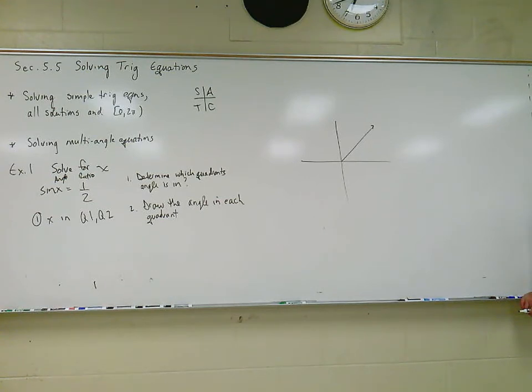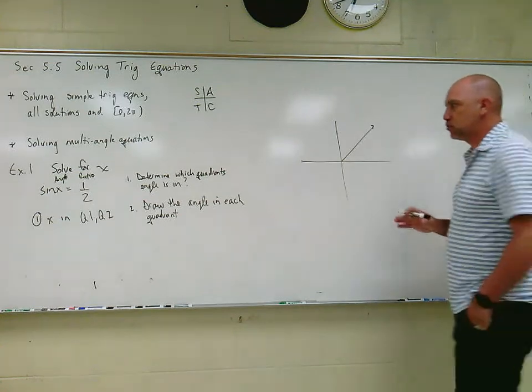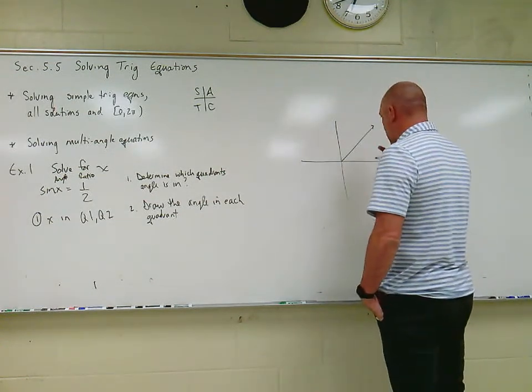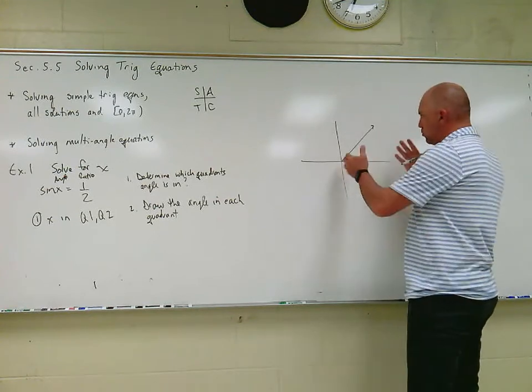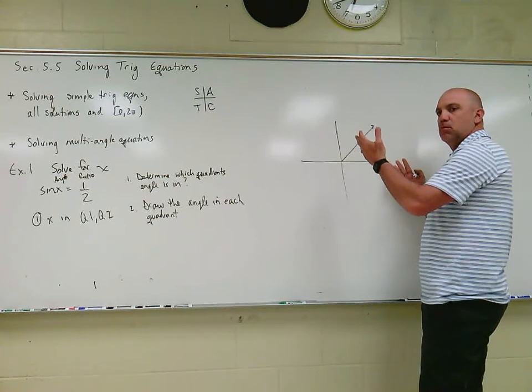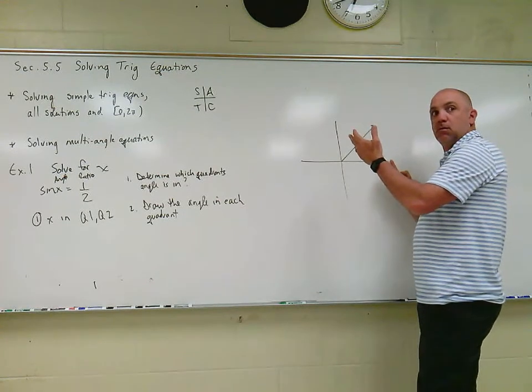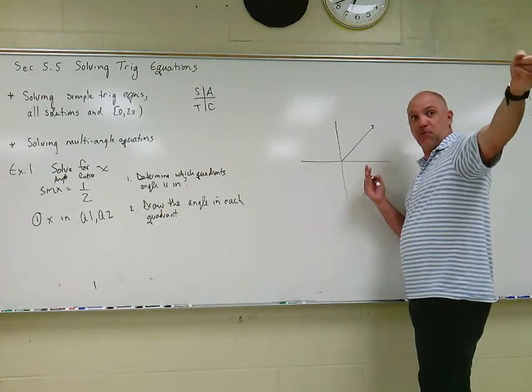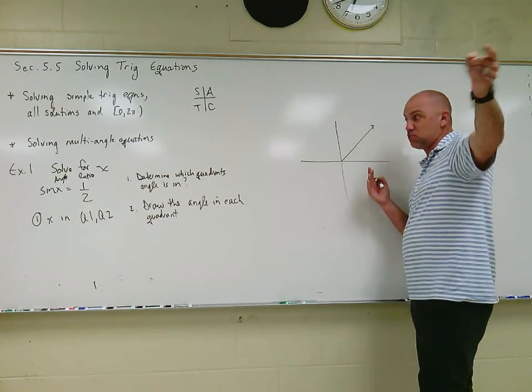Now I know it's a quadrant 1 angle, so I've drawn the angle. Now what do we know? If we know sine is 1/2, then what is it that we know? You know opposite and hypotenuse, and therefore it tells us the angles, which is what we need.